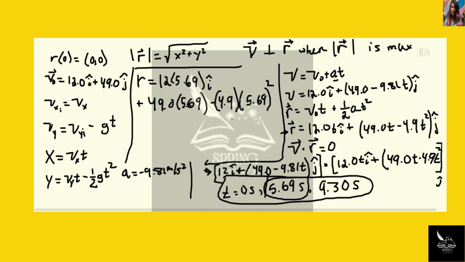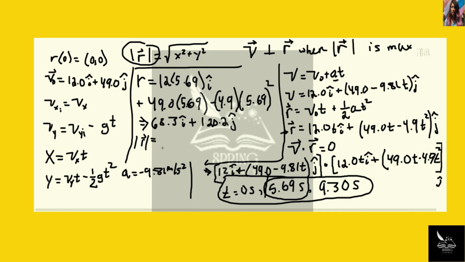All right, and then when you do this, we can figure out both components, which is 68.3 in the i direction, and 120.2 in the j direction. And if you want to find the magnitude, we will use the same thing over here, what we've looked at before.